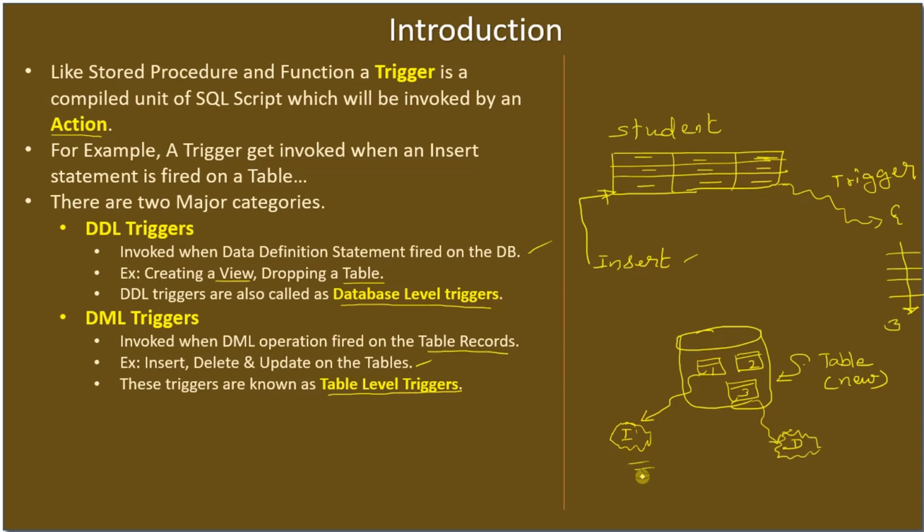You can have a separate trigger procedure for each. But here, when you are creating a new table, if some trigger needs to be fired, it's at the database level, so it's not specific to a table. Whenever you create a new table, the procedure code will run at that time.